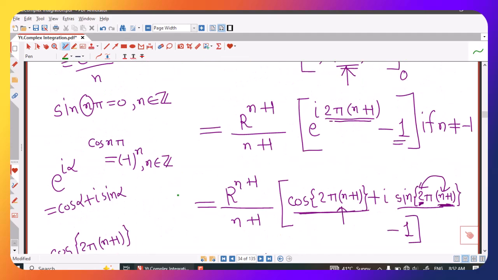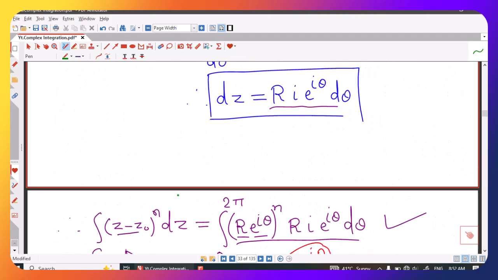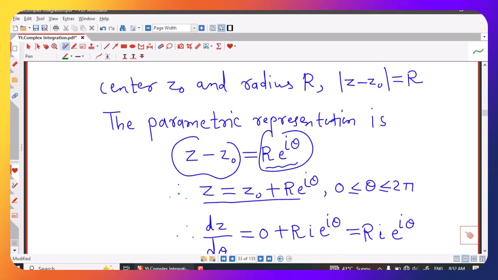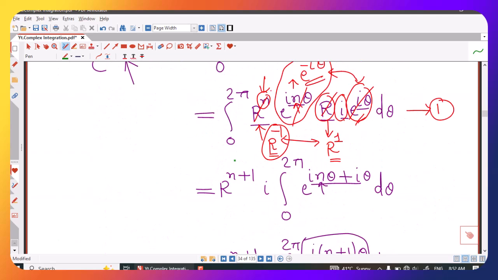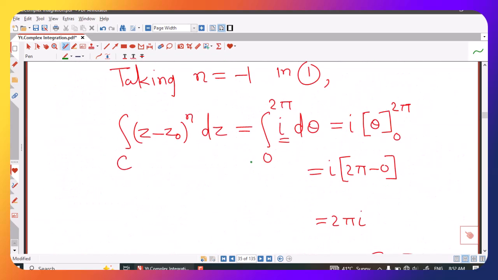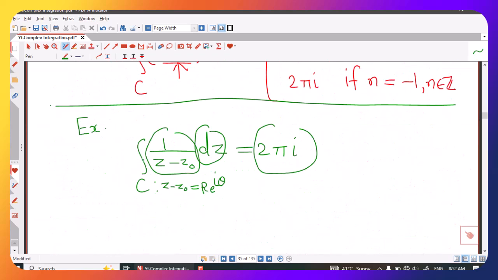So for n equal to minus 1, you can directly start by putting n equal to minus 1, and the method is the same. So sometimes they can ask you to prove this integral also. The integral of dz over (z minus z0) is 2 pi i.